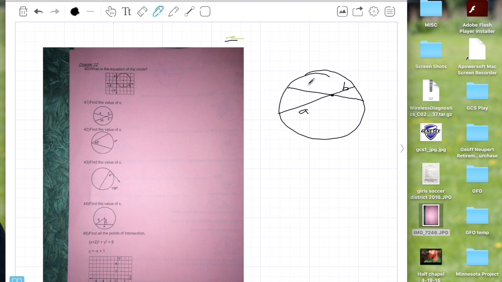And then this little segment we'll call X, and this little segment we'll call Y. And the theorem is that A times B equals X times Y. So for your example, x times 5 equals 5 times 11, or 11 times 5. Again, that was kind of a silly example to use two 5s there, because that just makes your answer 11, because you divide both sides by 5 and x equals 11.